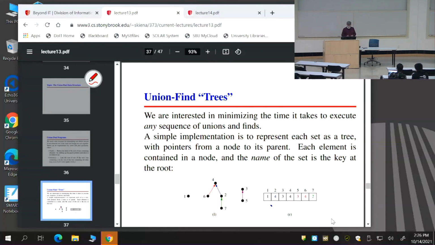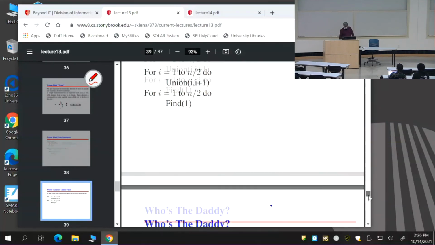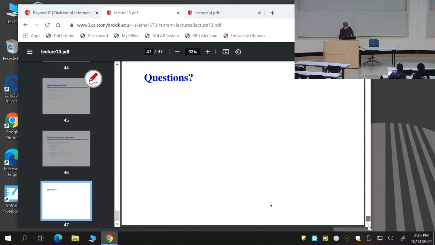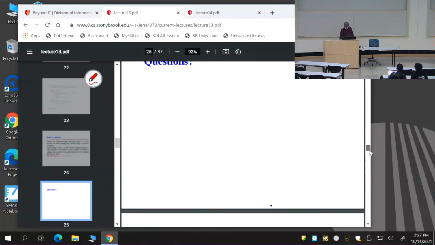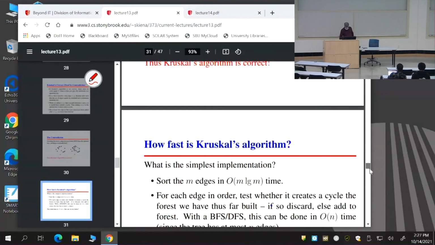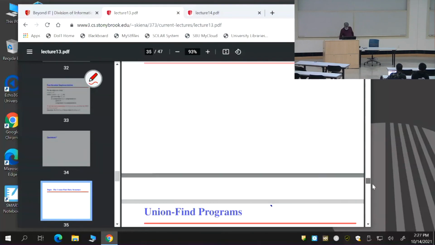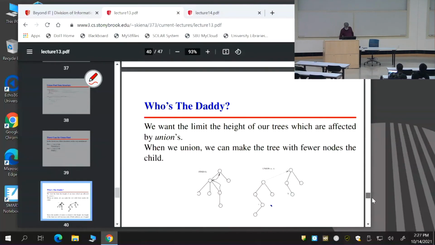Any questions about Kruskal's algorithm? The details you can read about in the book. Actually, let me see if maybe I can show you the Kruskal's code. Do I have code for this?